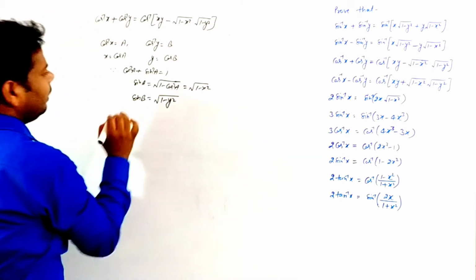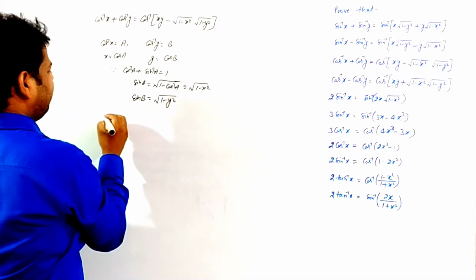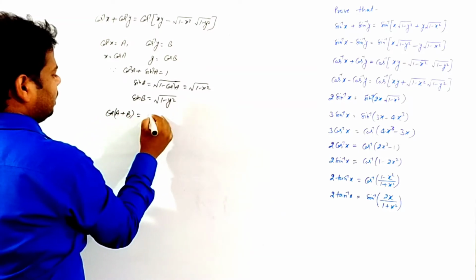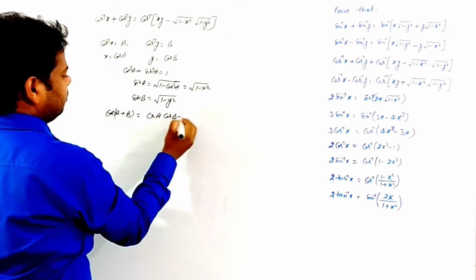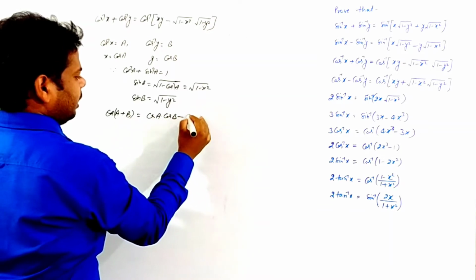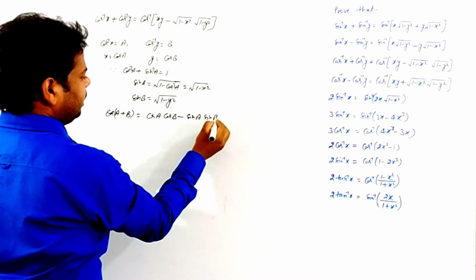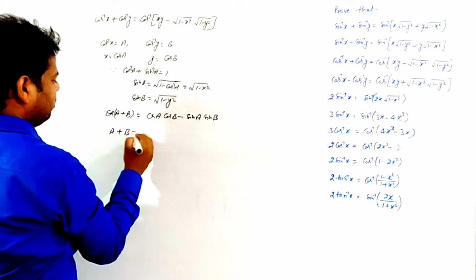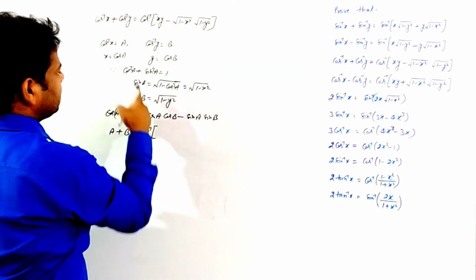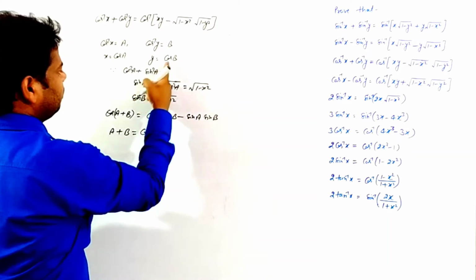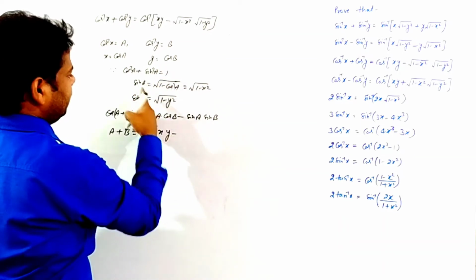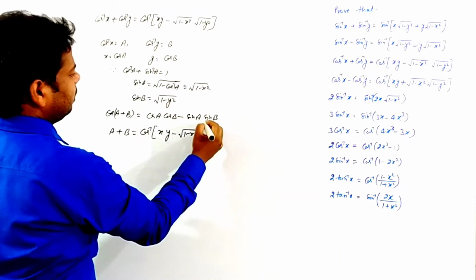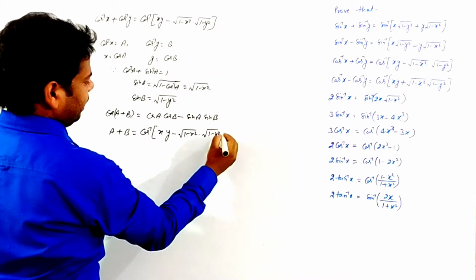Next we have a formula cos a plus b is equal to cos a into cos b minus sin a into sin b. Cos goes to the RHS, then a plus b is equal to cos inverse of: cos a is equal to x, cos b is equal to y, minus sin a is equal to under root 1 minus x square into sin b is equal to under root 1 minus y square.